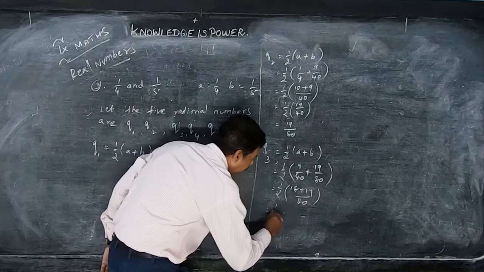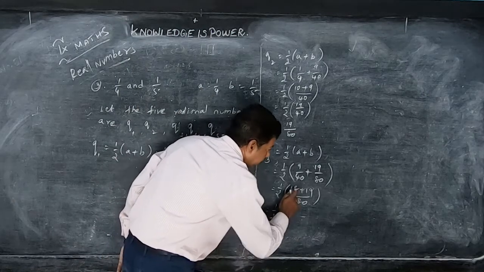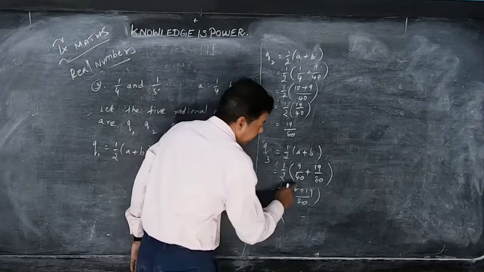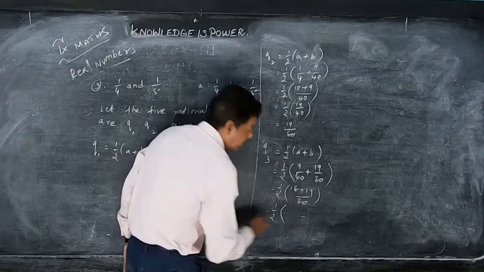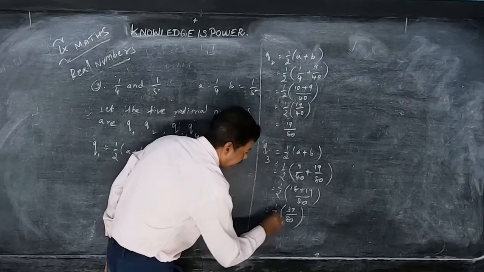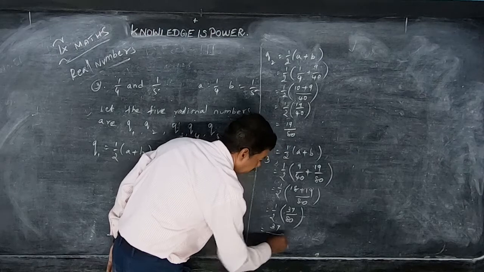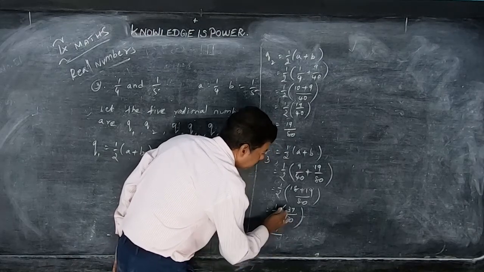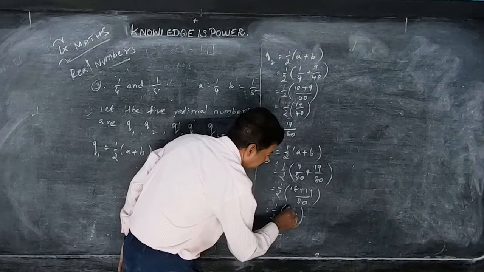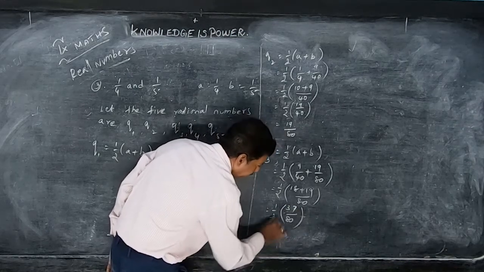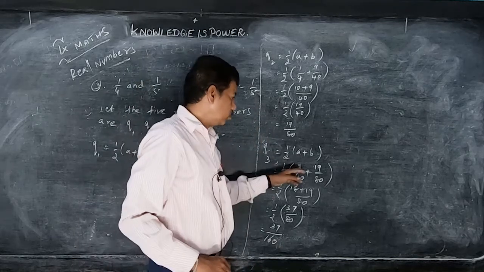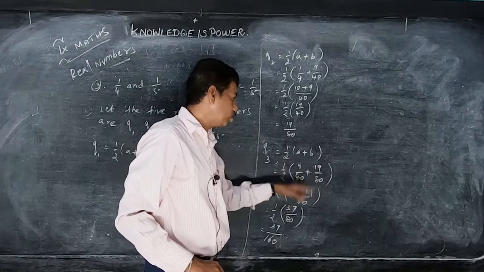Now 1 by 2, adding both, what comes? 18 plus 19 is 37. So 37 by 80. Now we multiply 1 into 37, and 2 into 80 is 160. Is it clear? This is as usual.